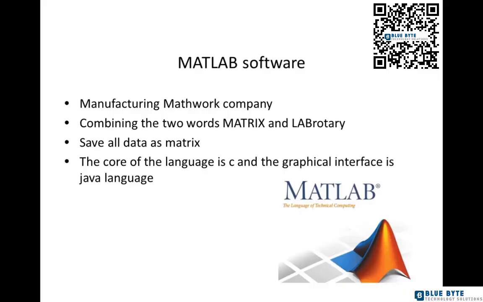Even if you give it an image, it will give you a three-dimensional matrix, in which the first and second dimensions are the direction and the position, and the third dimension is about the colors used. Here the core of the language is C, and the graphical interface is Java.